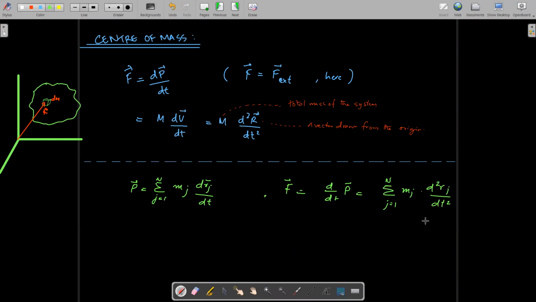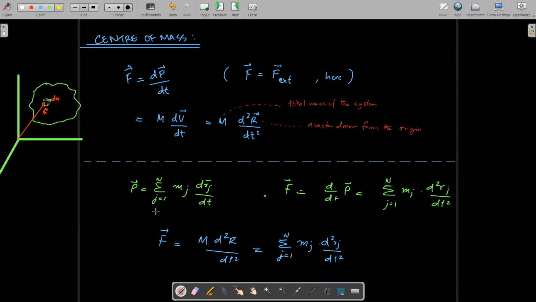നമ്മൾ ഇവിടെ നോക്കിക്കഴിഞ്ഞാൽ we have an equation for force here, right? And we have another equation for force here. Now let's equate the two equations. അങ്ങനെ ചെയ്തു കഴിയുമ്പോൾ what we will be left with is F equals m d square r by dt square, which will be equal to summation j equal to 1 to n of mj d square rj by dt square.